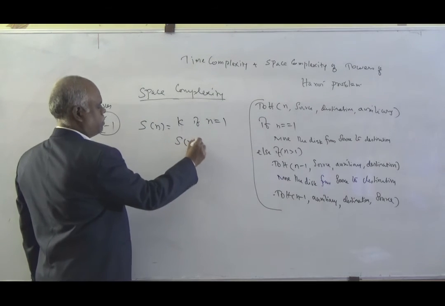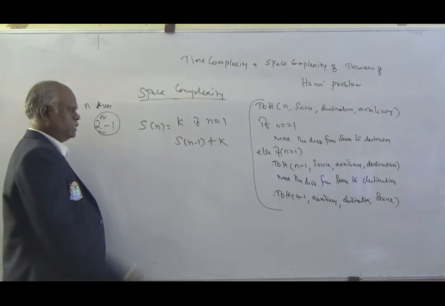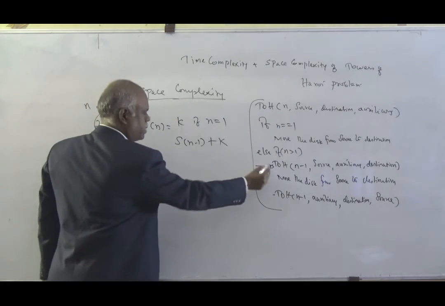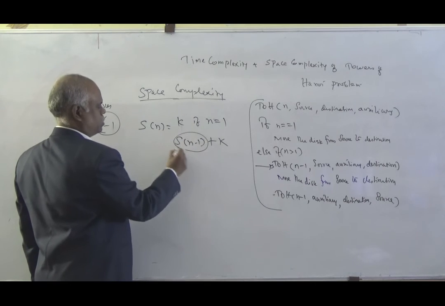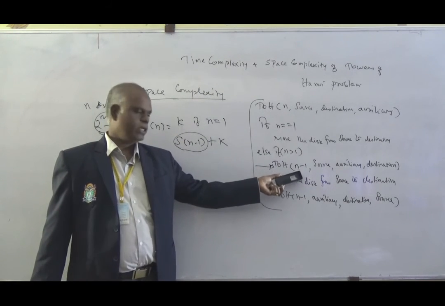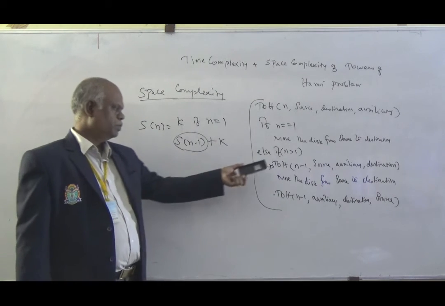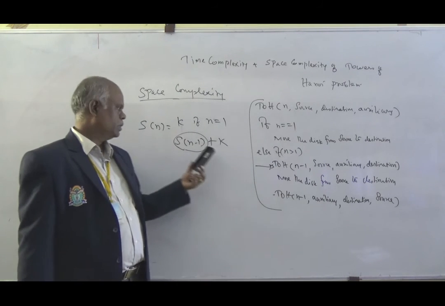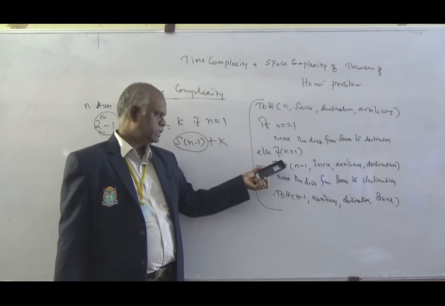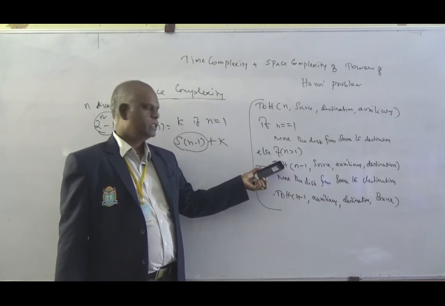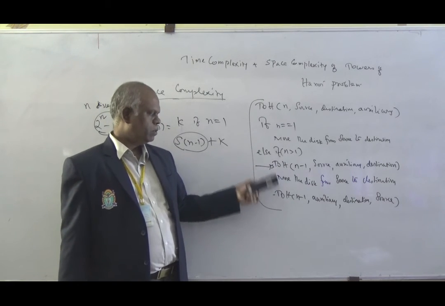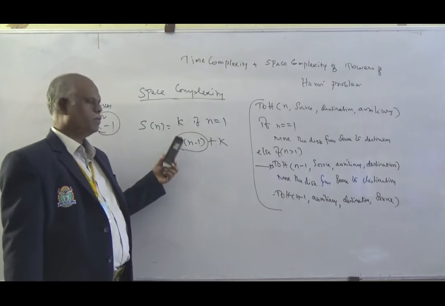Otherwise S of n minus 1 plus k, because to call this recursive procedure we need some memory space, that is S of n minus 1 storage space for calling towers of Hanoi n minus 1. Even though we call it 2 times, we take it into account only 1 time, because once this procedure is completed, the same space can be used for the other call.